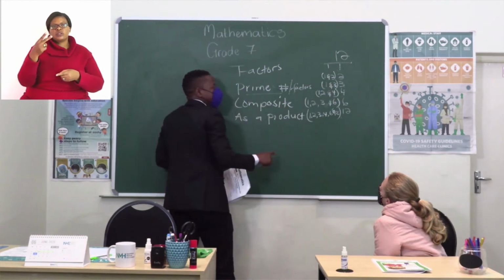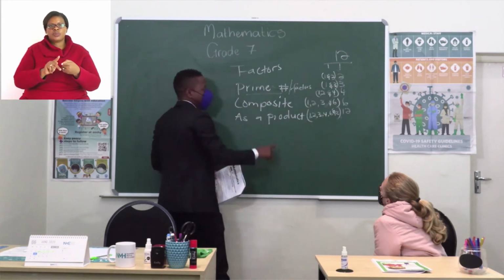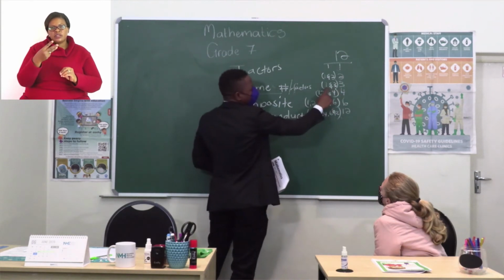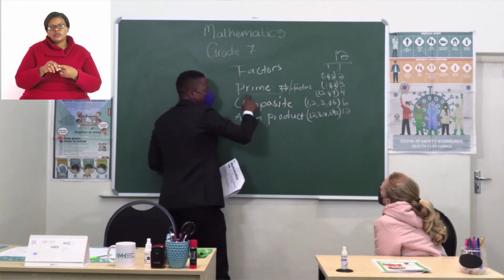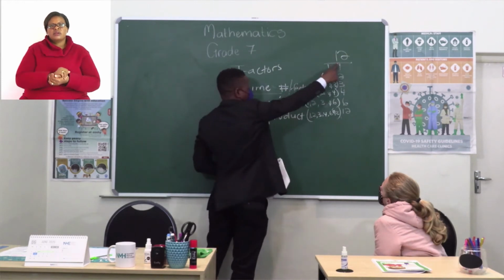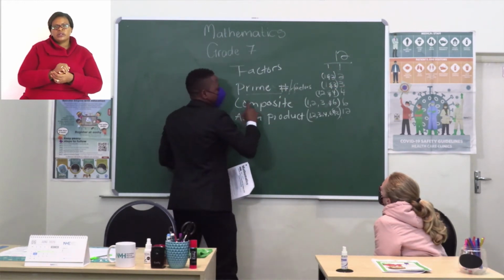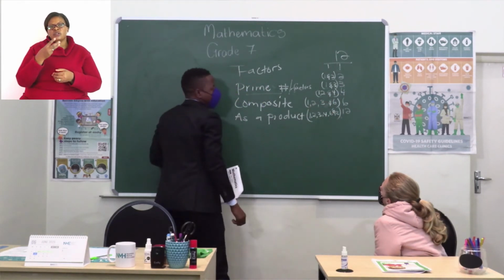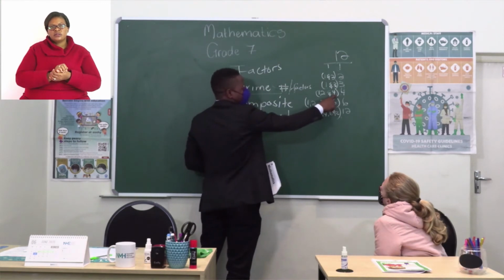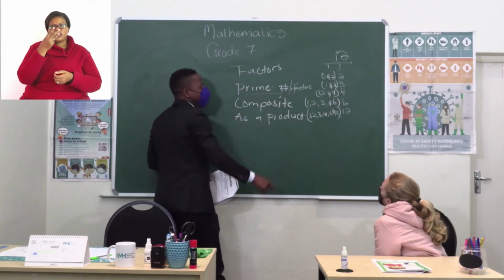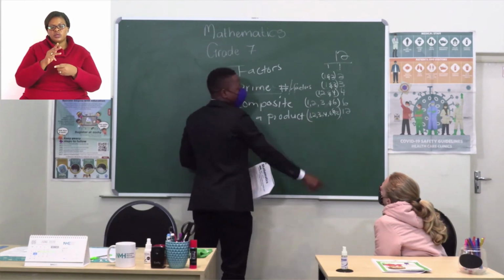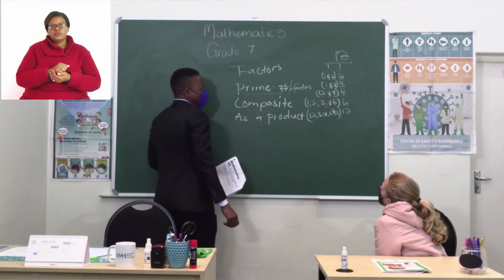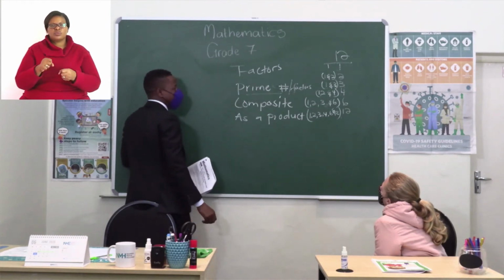So in this case, 2 is a prime factor of 12. 3 has got two factors, so 3 is a prime factor of 12. 4 is having three factors, meaning 4 cannot be a prime number. 6 is having more than two factors, is not a prime number, and 12 is the same, it cannot be a prime number or a prime factor.